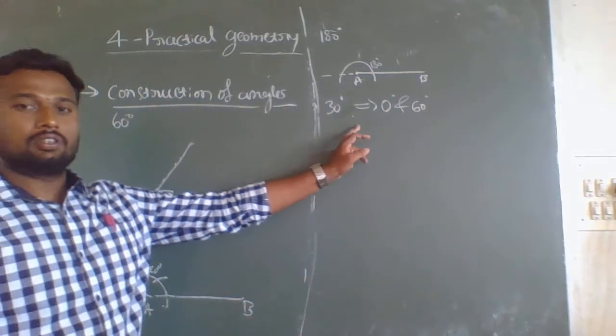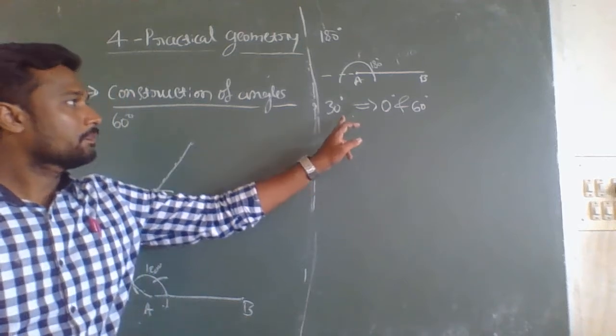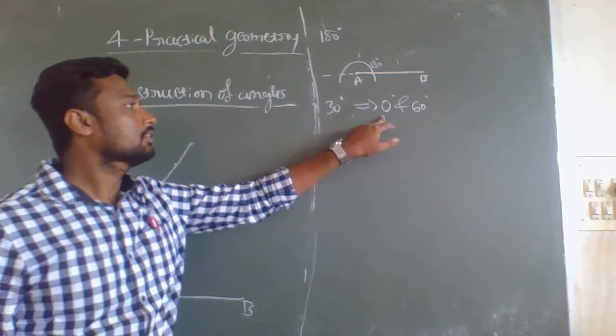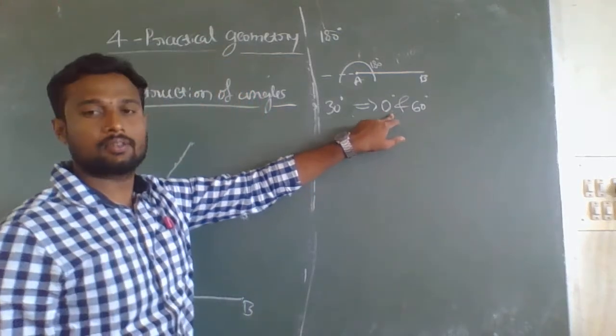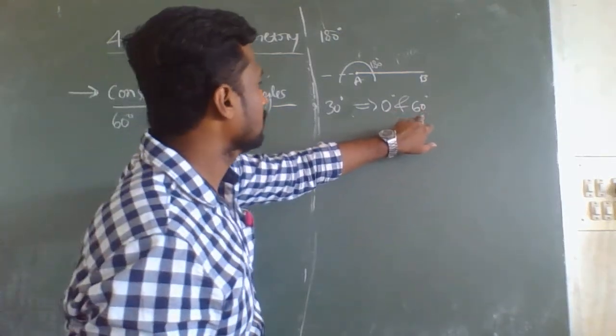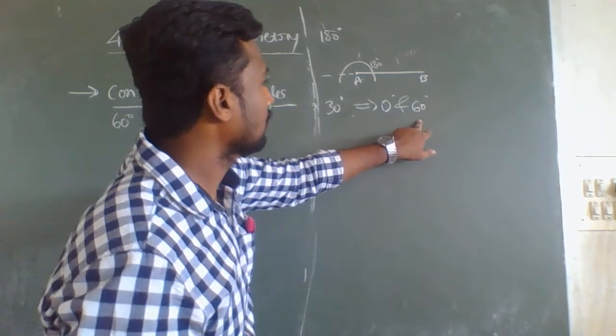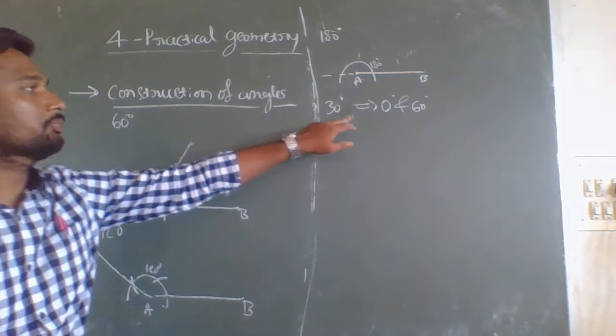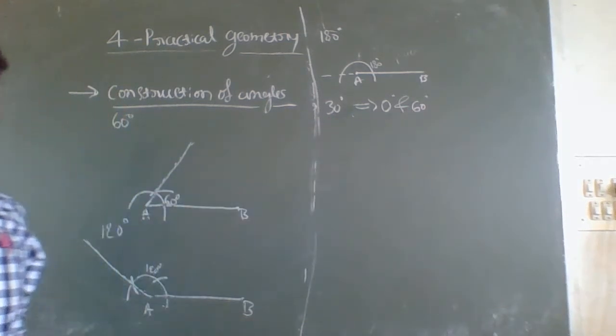See here, 30 is greater than 0 by 30, and 30 is less than 60 by 30. Therefore, 30 is between 0 and 60.